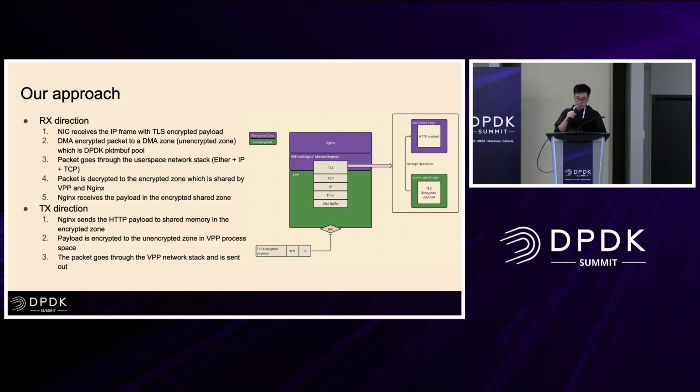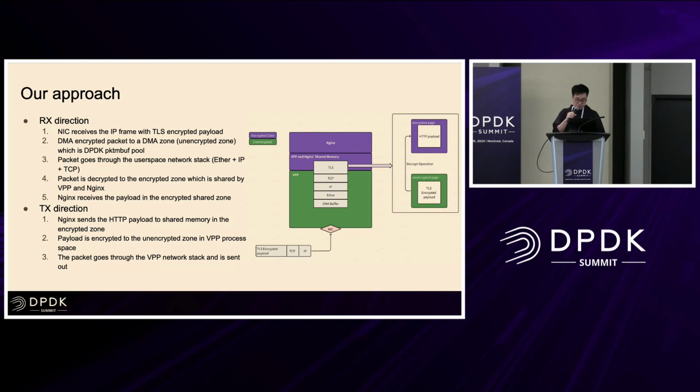You can see from the diagram where we zoomed in on this operation, the packet looks like it jumped from the unencrypted page to the encrypted page, while at the same time it is also decrypted because of the crypto operations for TLS. And finally, because Nginx and VPP share a memory region, Nginx will receive the payload in the encrypted shared zone.